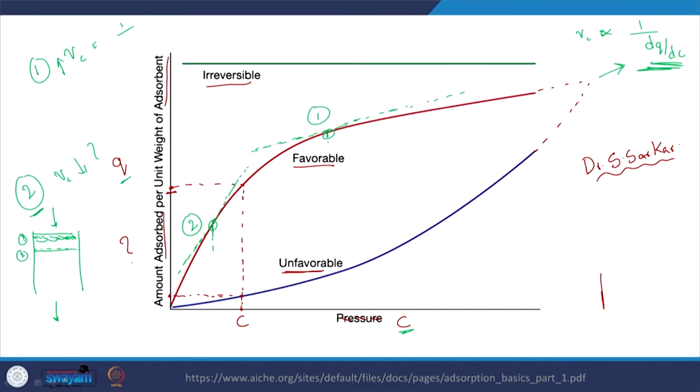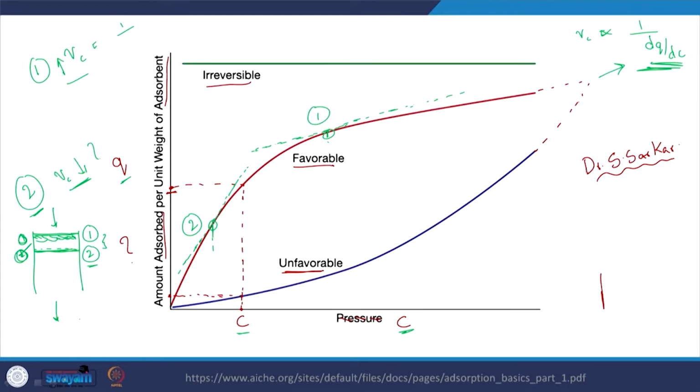So, case 1 is relatively fast and case 2 is relatively slow. The leading edge, or the head, which is in equilibrium with relatively lesser concentration, is relatively slow, but the tail, I am using layman's term here, is relatively fast. So, what happens? This mass transfer zone will be relatively less.